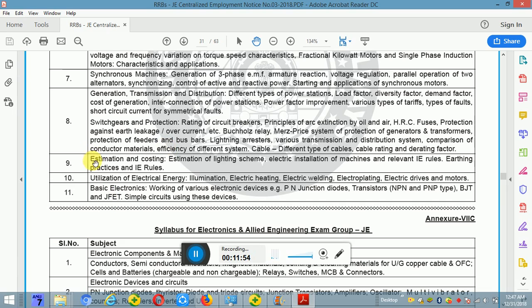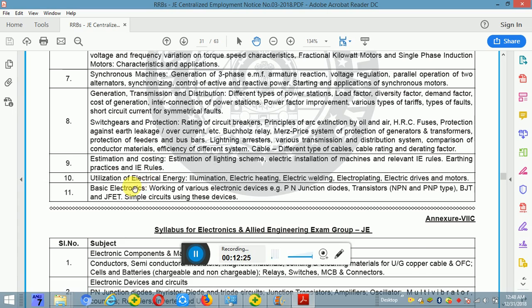Next, estimation and costing. How electrical installations could be estimated was studied in estimation and costing: estimation of lighting scheme, electric installations of machines, and IE rules. So these are the standard rules that we have to study.